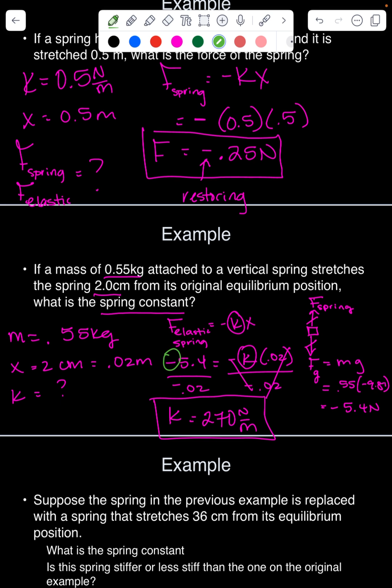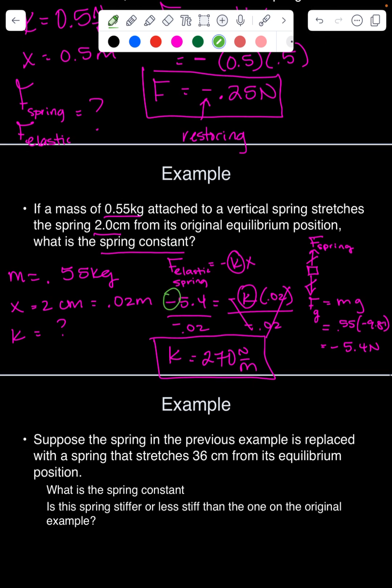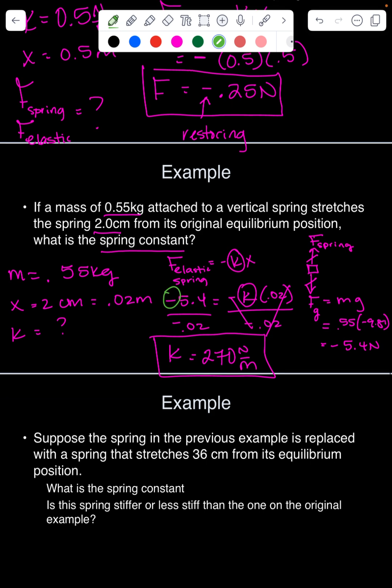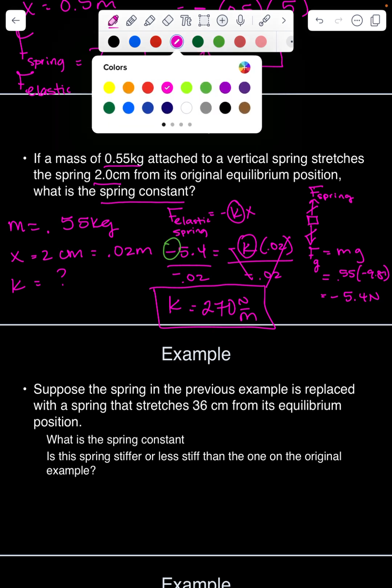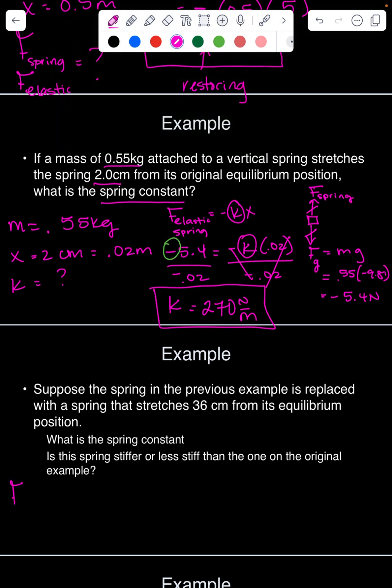Now, same spring. Actually, the same mass is used in this one. So a different spring, but the same mass. Same mass means that we have the same elastic or spring force that has been used, so that same negative 5.4 newtons, but it's replaced with a different spring that stretches a different amount.